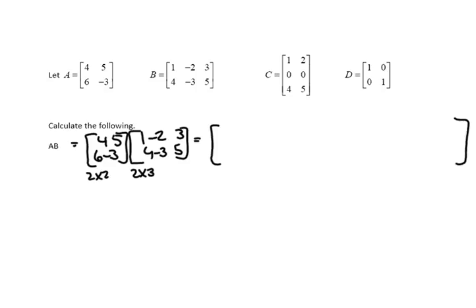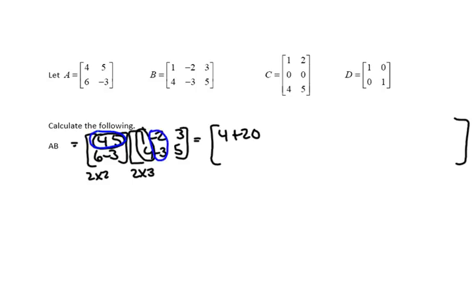Okay. So what I'll do first is I'll take this row and multiply by this column. So 4 times 1 is 4, and 5 times 4 is 20. But remember, I'm going to add them in between, similar to our cash register example. Now, I'm going to take this same row and multiply by the next column.